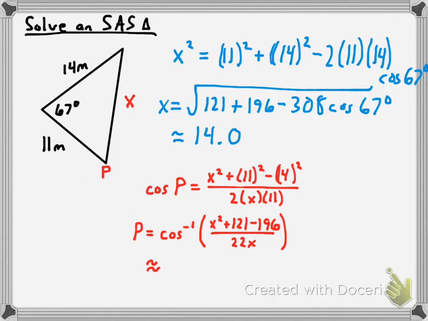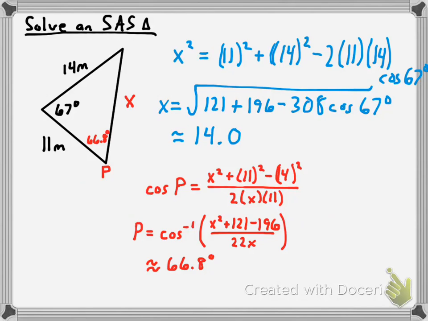All right, to 1 decimal place, which is what we'll typically do with unknown angle measures, we get about 66.8 degrees for that angle P. All right. Now, we have one more measurement that we've got to find to finish solving the triangle, and that, of course, is the other unknown angle measure.